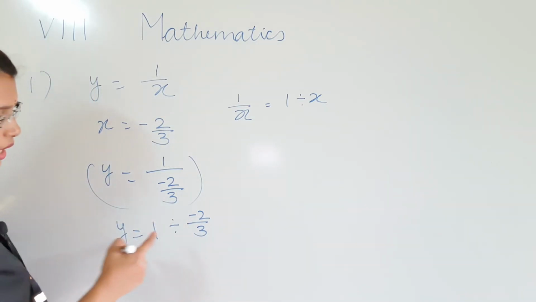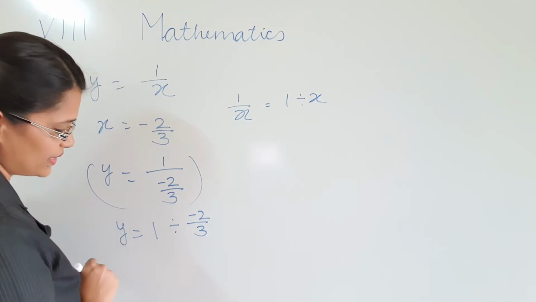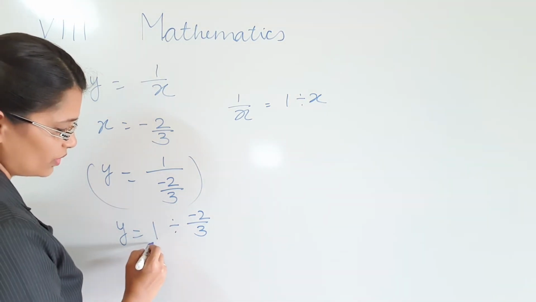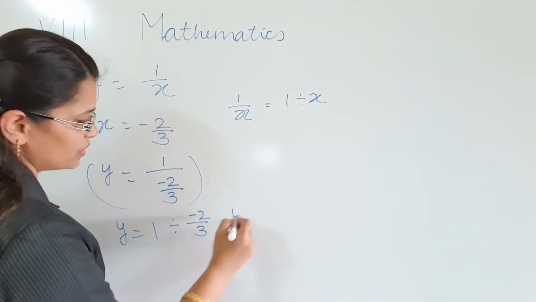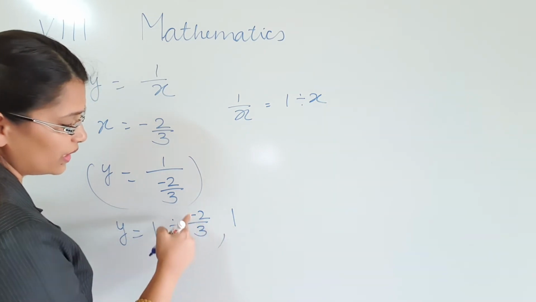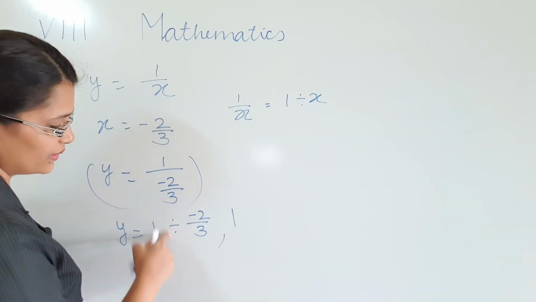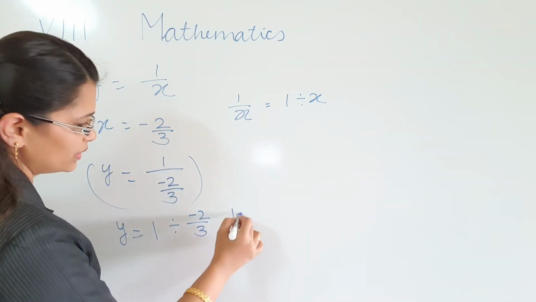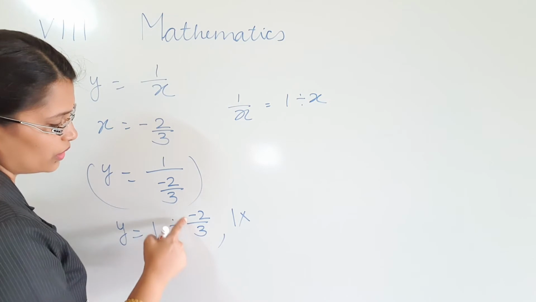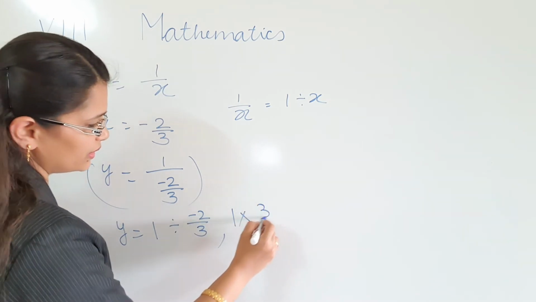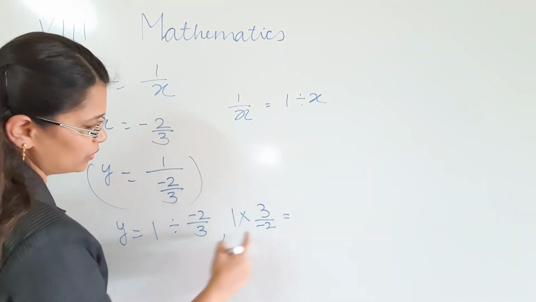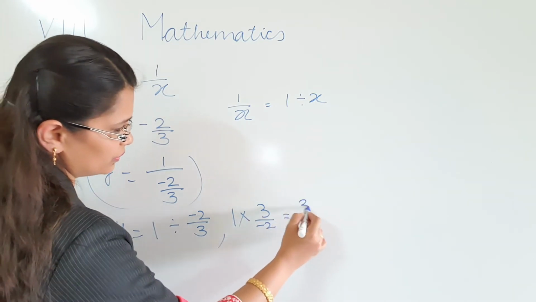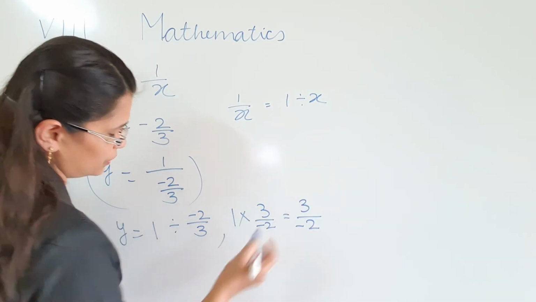So, how can you divide this fraction? You know that you take the reciprocal of this fraction and then multiply, which you learned in the previous classes. So, 1 into the reciprocal of minus 2 by 3, which is 3 by minus 2, is equal to 1 into 3, which is 3 divided by minus 2.